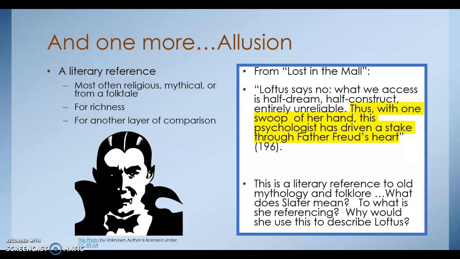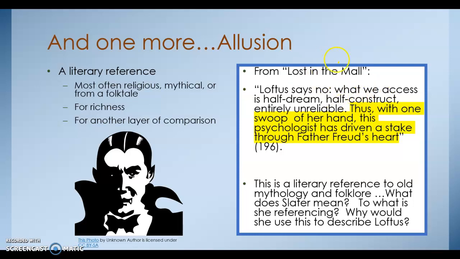Interesting. Obviously, she doesn't like his theory, so it would make sense that she doesn't agree with Freud's view of the way memory is stored, right? Because according to Loftus, what we access in our minds when we remember something is half dream, half construct. In other words, completely unreliable. So your memories, in other words, have been completely edited by time, by too many tellings of the story.